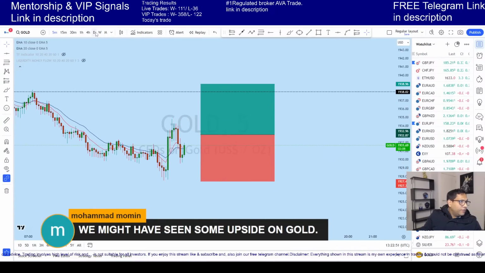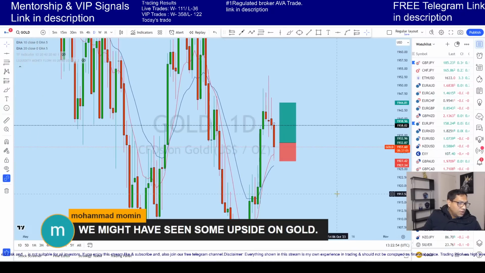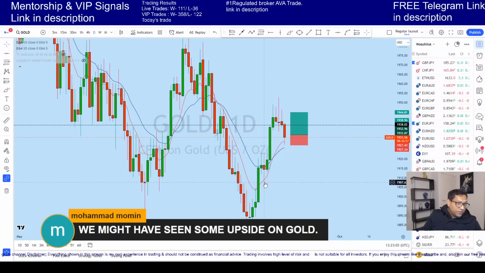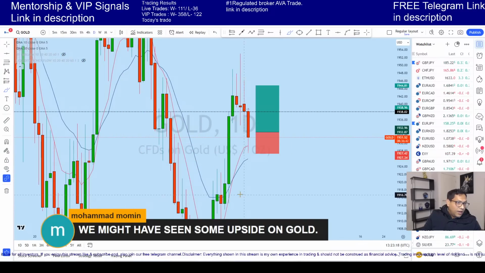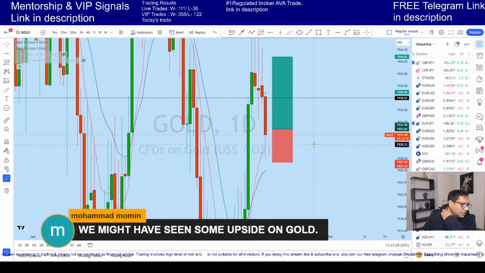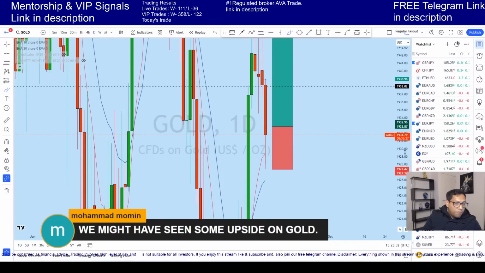First of all, if you look at the daily, the price has come down so far in a zone where there is a probability now for an upside movement. The reason is, first of all, you can see this is a daily impulse. The price triggered that liquidity here with this daily doji, and from that zone we have seen that drop to this level, and with that drop the price has tested the 10 EMA, which is an important level, and from that level we see that the price now started to move up.